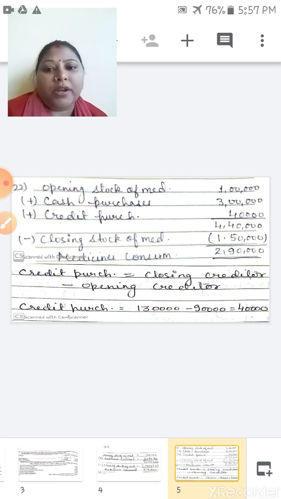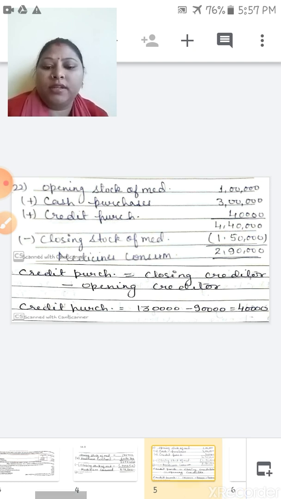Okay children, now with the same format we do opening stock, put the value, plus net purchases, or you can write plus cash purchases plus credit purchases. Then subtract the closing stock and the answer, medicine consumed, is done. Medicine consumed is written on the expenditure side in the income and expenditure account. Okay children, got it?